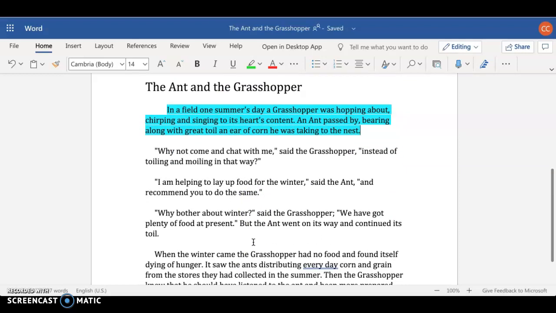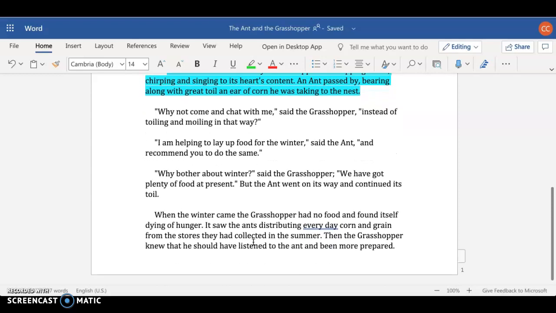So after our exposition, we have our events that build suspense and rise to the climax. Okay, so everything in between. Now, sometimes I find it easier to figure out what the climax is and then go fill everything back in with our rising action. So our most exciting part, or our turning point, would be when in the winter the grasshopper had no food and it found itself dying of hunger.